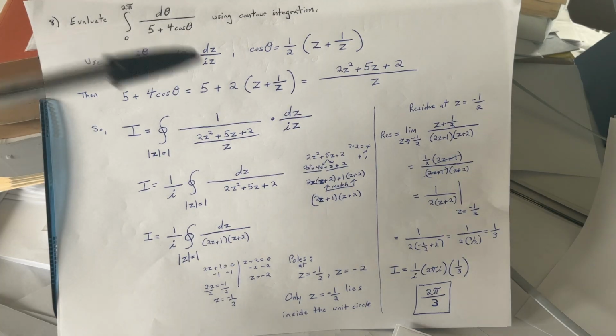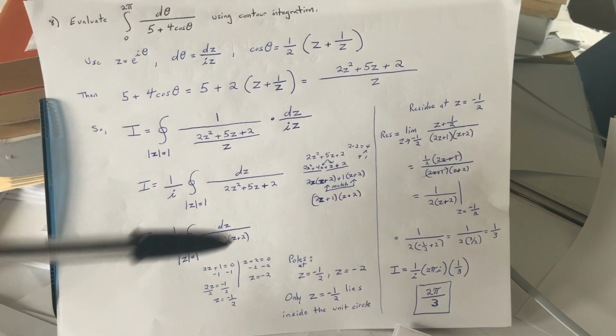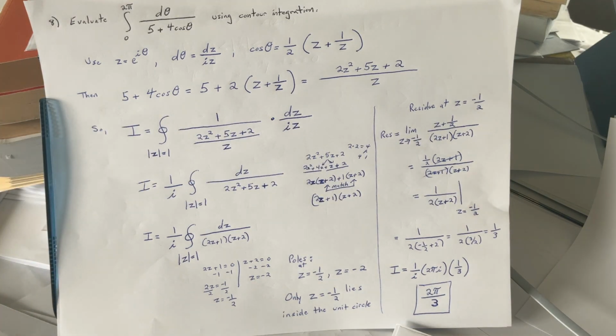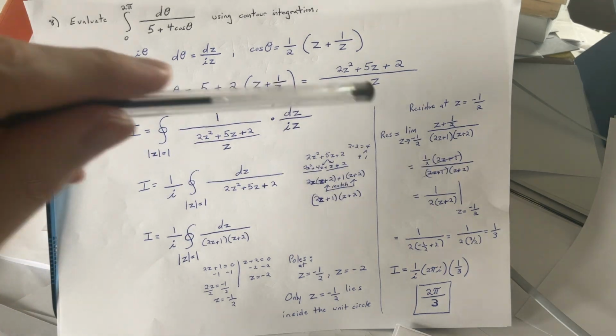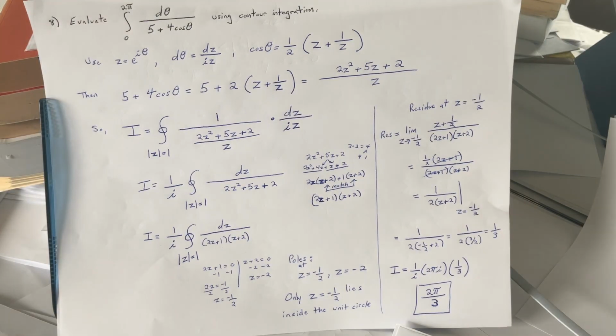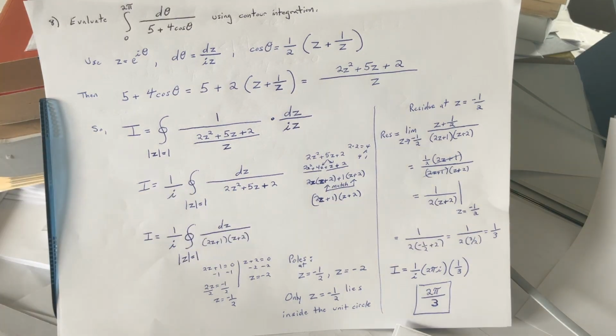So we're going to take that limit as z approaches negative 1/2 of z plus 1/2 over 2z plus 1 times z plus 2, right? We could reduce this, the 2z plus 1's go, if we factor 1/2 out of 2z plus 1. And then we wind up with 1 over the quantity 2 times z plus 2, evaluating that at z equals negative 1/2. And we're going to wind up with, after the arithmetic, 1/3.